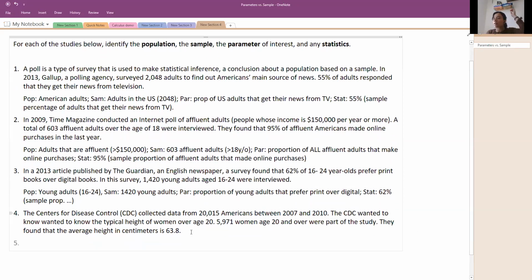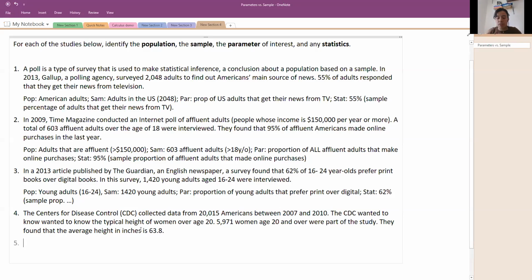And finally, the CDC, Center for Disease Control, collected data from 20,015 Americans between 2007 and 2010, wanting to know what the typical height of women over age 20 was. 5,971 women aged 20 and over were part of the study. They found that the average height, in inches, was 63.8.